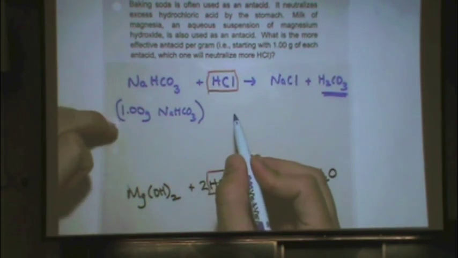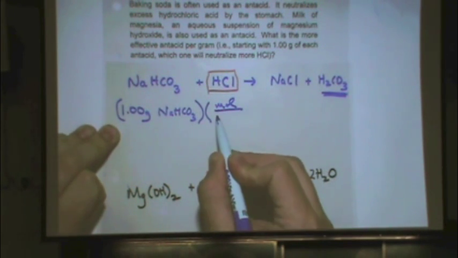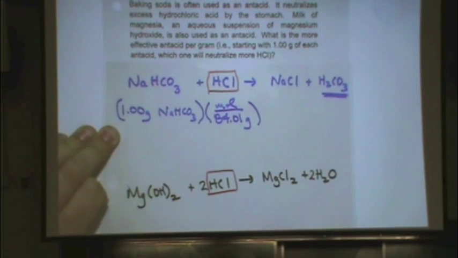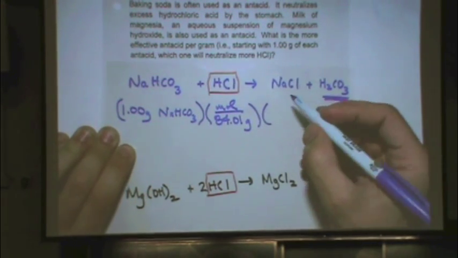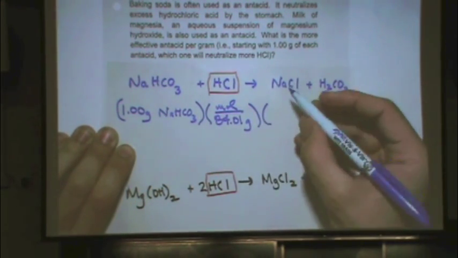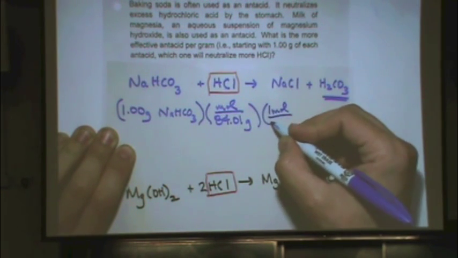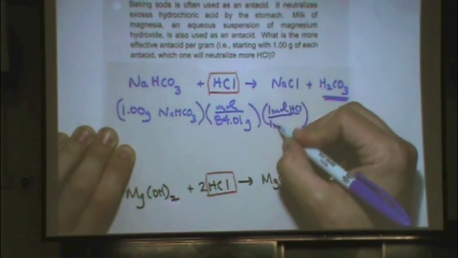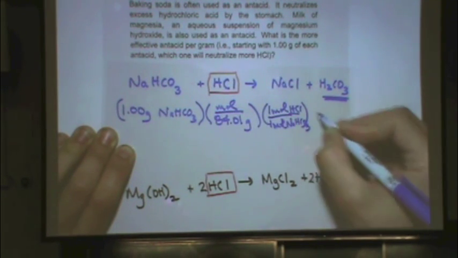So in the top case, first let's convert to moles. We're doing stoichiometry. Y'all just convert to moles. And I already calculated the molar mass. It's 84.01 grams per mole. That gets the moles of the baking soda, which is sodium hydrogen carbonate or sodium bicarbonate. And then there's 1 mole of HCl for every 1 mole of baking soda, NaHCO3.